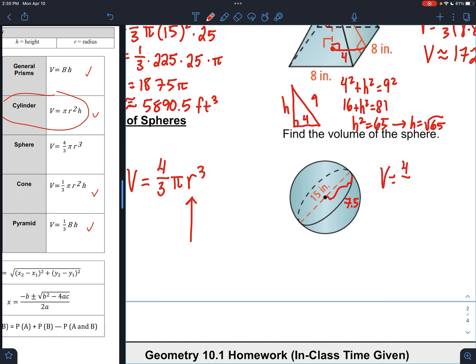So the volume is 4/3 pi and then 7.5 cubed. Okay, so the volume is going to be, I'd like to see you work that out and see if you can get this as your answer.